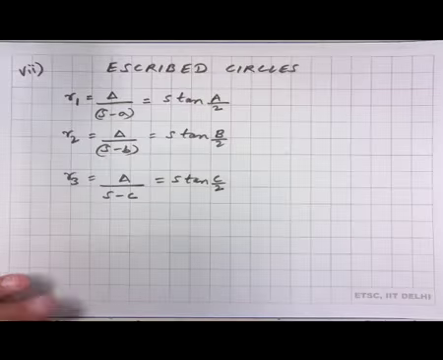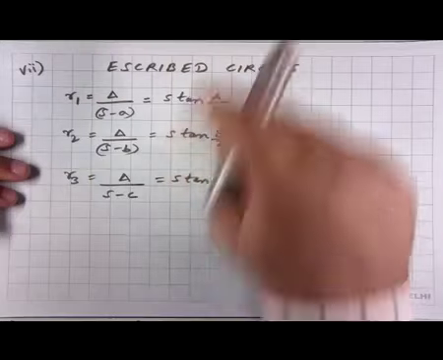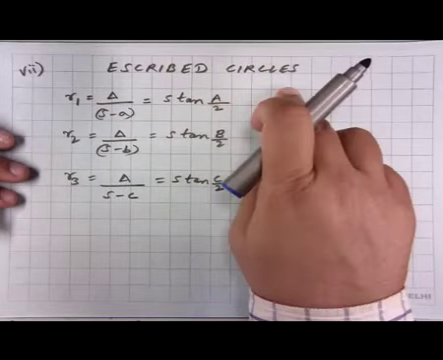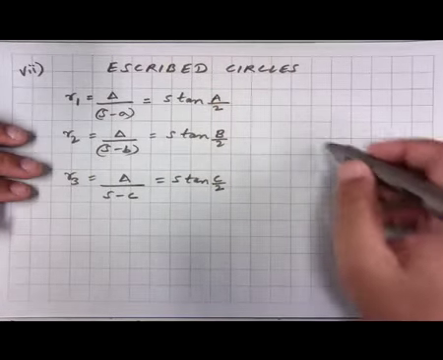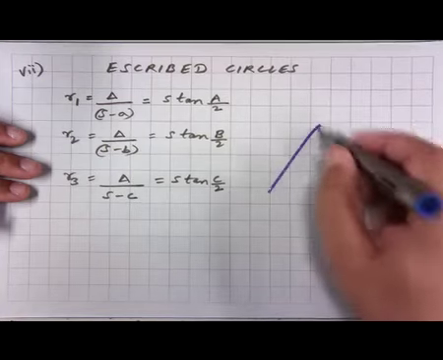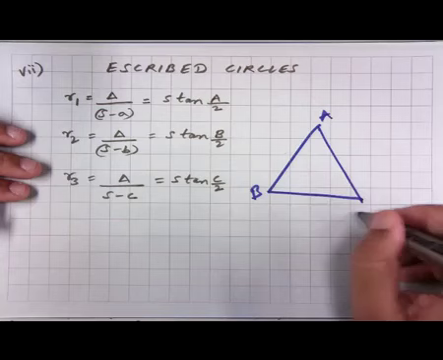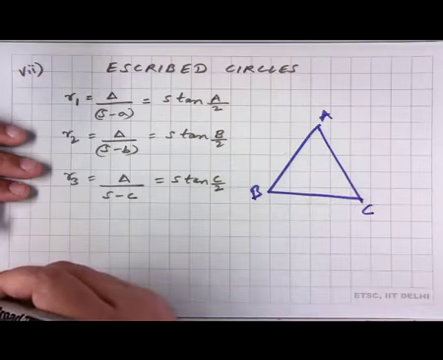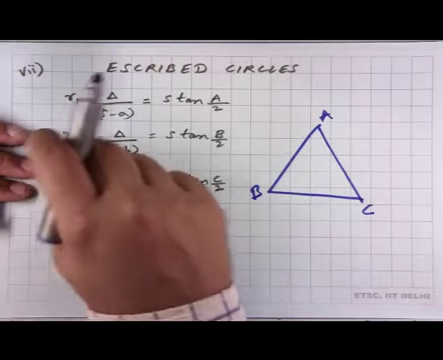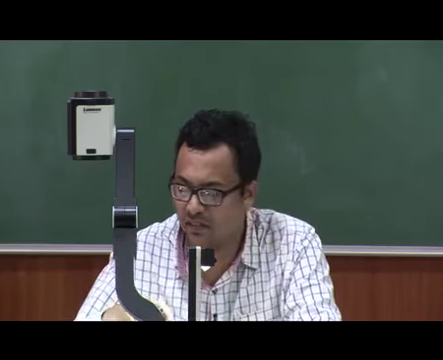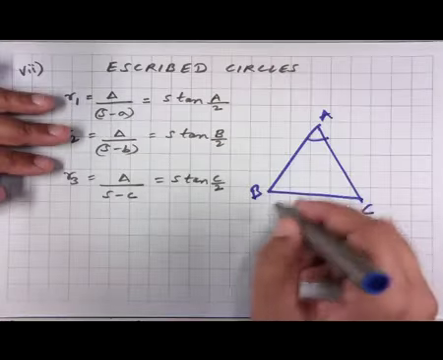And then we also defined and discussed the escribed circles of a triangle. So if we have a triangle A, B and C, then we don't have a unique escribed circle. In fact, there are exactly 3 distinct escribed circles. The escribed circle opposite to angle A is constructed like this.